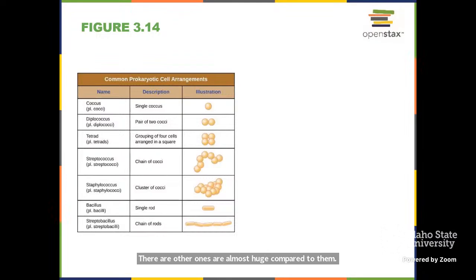Oftentimes the gram-positive bacilli are a bit bigger looking than the gram-negatives when we think about those, all right? With the others, like the coccus-shaped bacteria, a lot of these on here are more really what we think about looking through a microscope and thinking about cocci bacteria, all right?